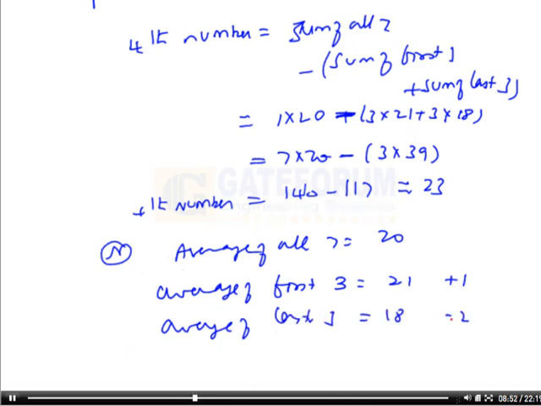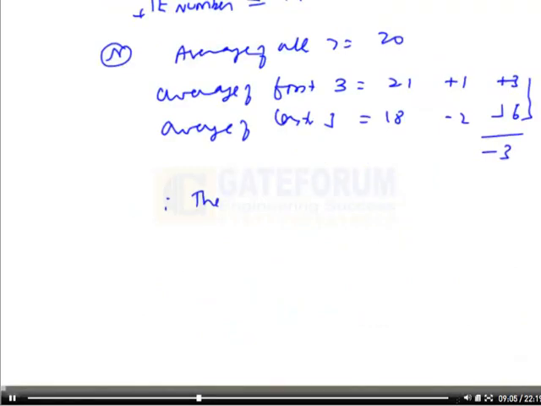Each one is 2 less. So the total of the first 3 numbers will be 3 more, and the last 3 numbers 6 less. Together, the 6 numbers are 3 less. Therefore, the fourth number will adjust in the opposite way. It will be 3 more than the average. So that's why we are getting 23.